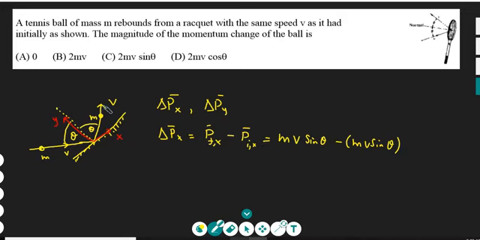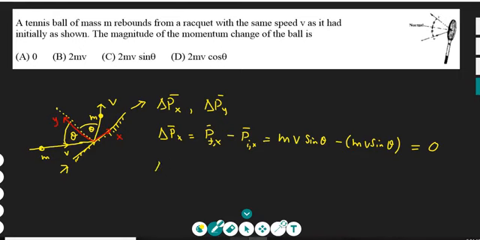You can see we are looking at the component of mv in this direction, and also here the component of mv in this direction. This is the initial linear momentum component, and this would be the final linear momentum component, and they are basically equal to one another. As a result, you won't see any change in linear momentum along the x direction.